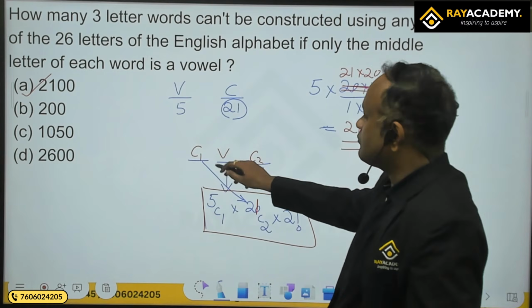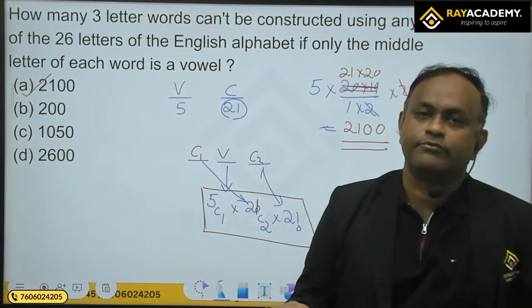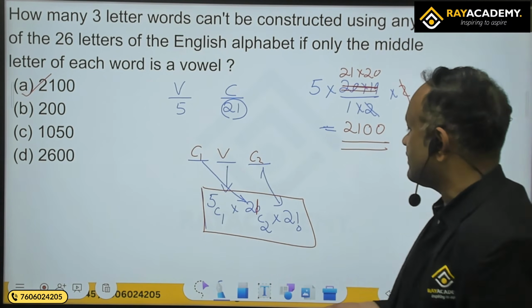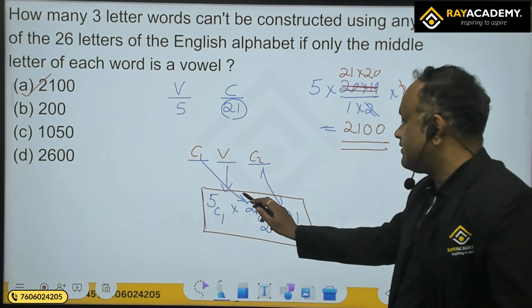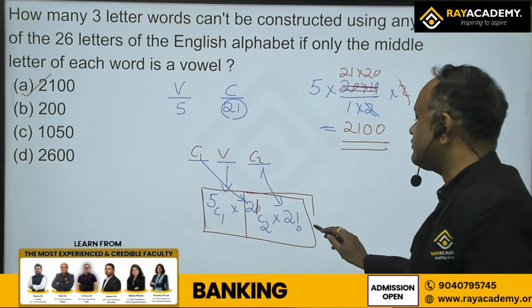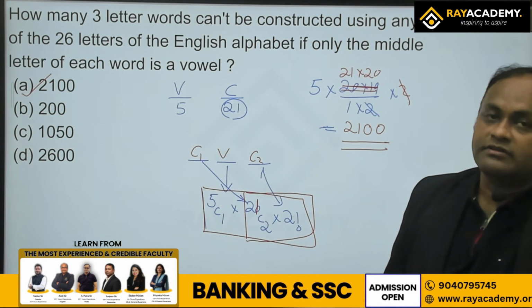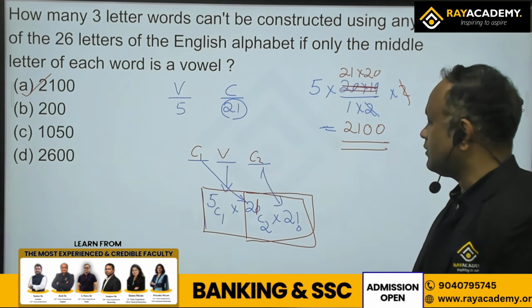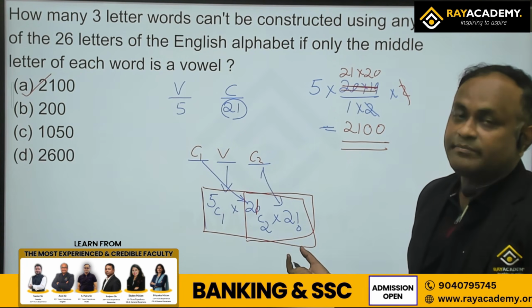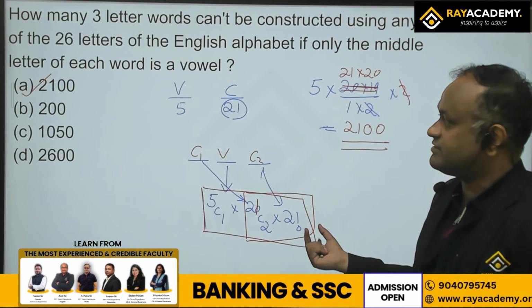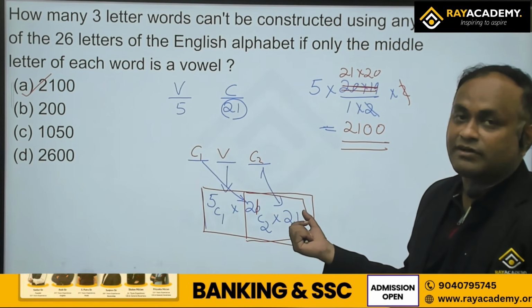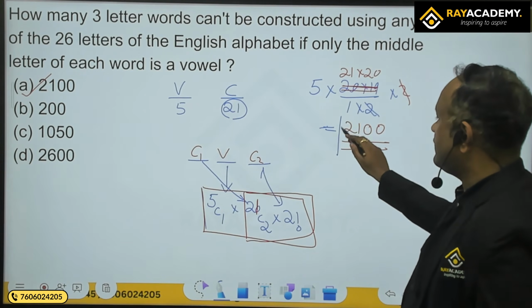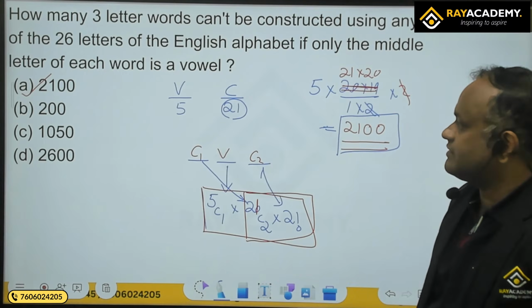The vowel selection needs no arrangement, because the middle letter will be the vowel, and the first and third will be consonants. For the consonants, first we choose 2 out of 21, that is 21C2. Then which one will be consonant 1 and which will be consonant 2 can be done in 2 factorial, similar to the question we discussed earlier, choosing from 10 people 1 president and 1 secretary. So 5C1 into 21C2 into 2 factorial. After calculating, you get the answer 2100.